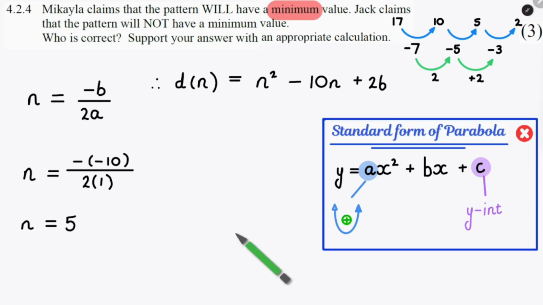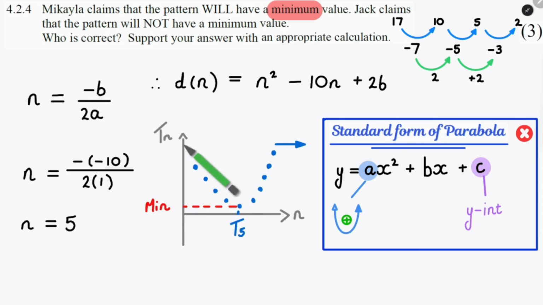So if we had to draw a rough picture of what's going on here, we have Tn in y's place, in this case it's actually dn, and then we have n in x's place. This 5 is telling me that at term 5, you're getting a minimum y value for this pattern. It's the smallest value of this pattern you're ever going to get.